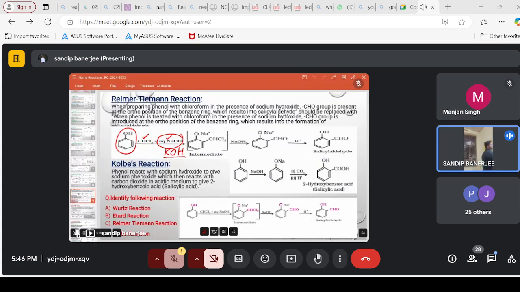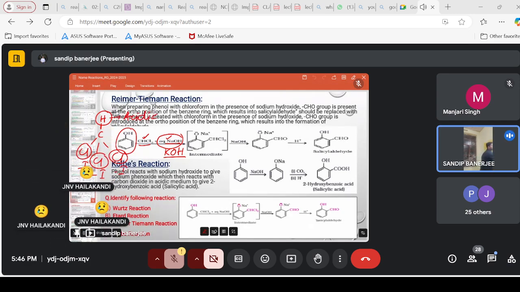The reagents which participate in the reaction are chloroform and NaOH. Basically, in this reaction, what happens? In chloroform, CHCl3, the 3 chlorines, by their high minus I effect, make this hydrogen a highly acidic hydrogen.